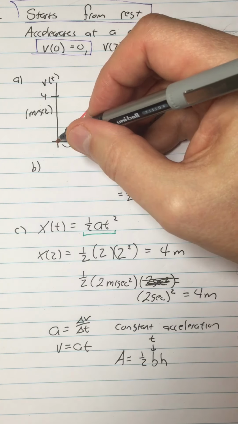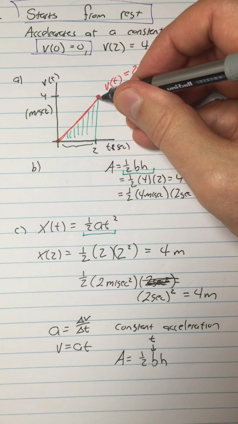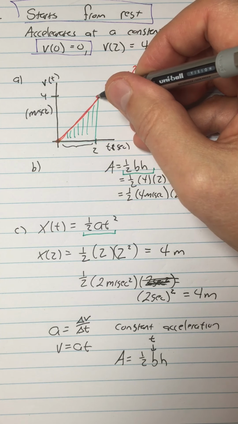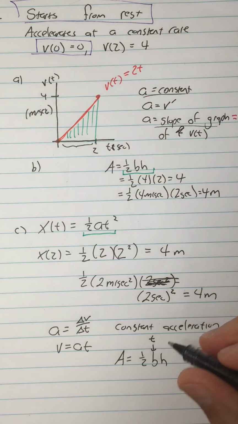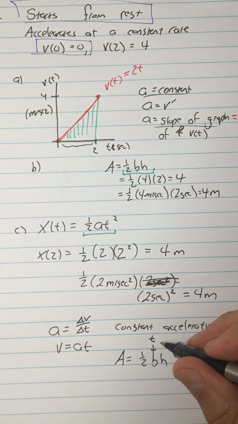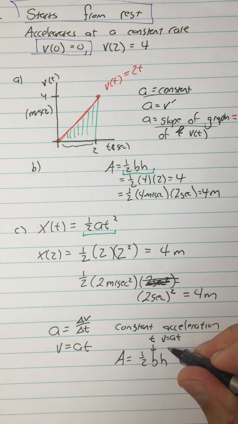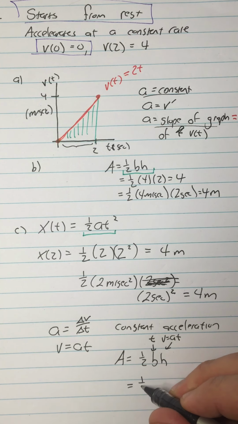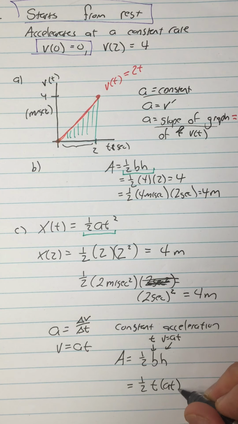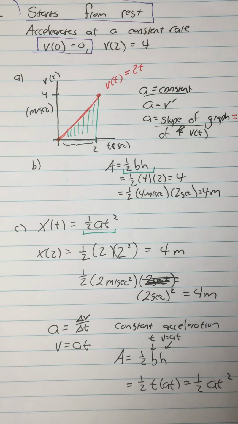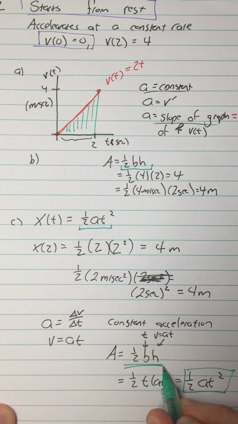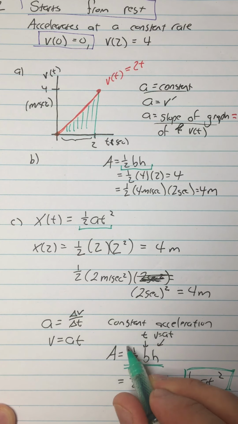And then the height of this triangle is going to be the velocity at the end of the interval, which is equal to at, acceleration times time. So I can look at this area under the curve as being 1/2 times t times at, which is 1/2 at squared, which suggests why the area under the curve is going to be the same as the distance traveled.